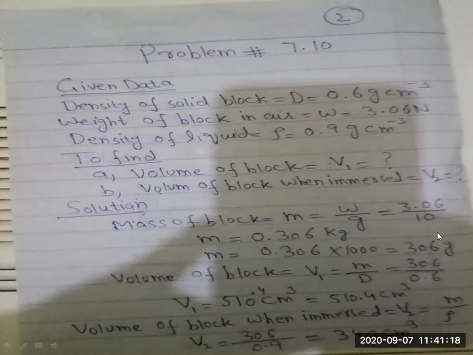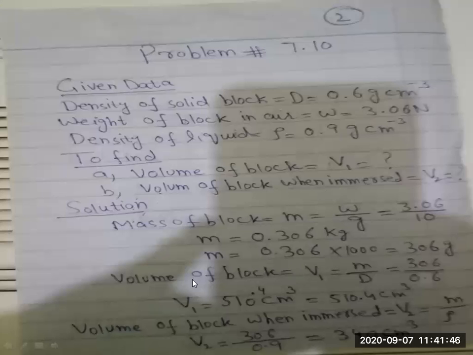You might be thinking why we didn't keep it in kilograms: because our density is given in grams per centimeter cube. That's why I converted the mass into grams, in order to find the volume in centimeter cube.